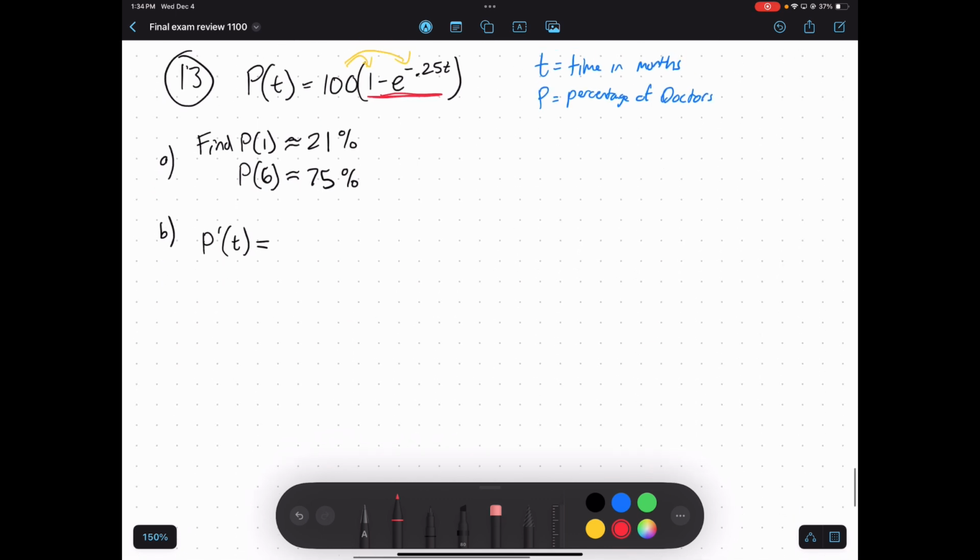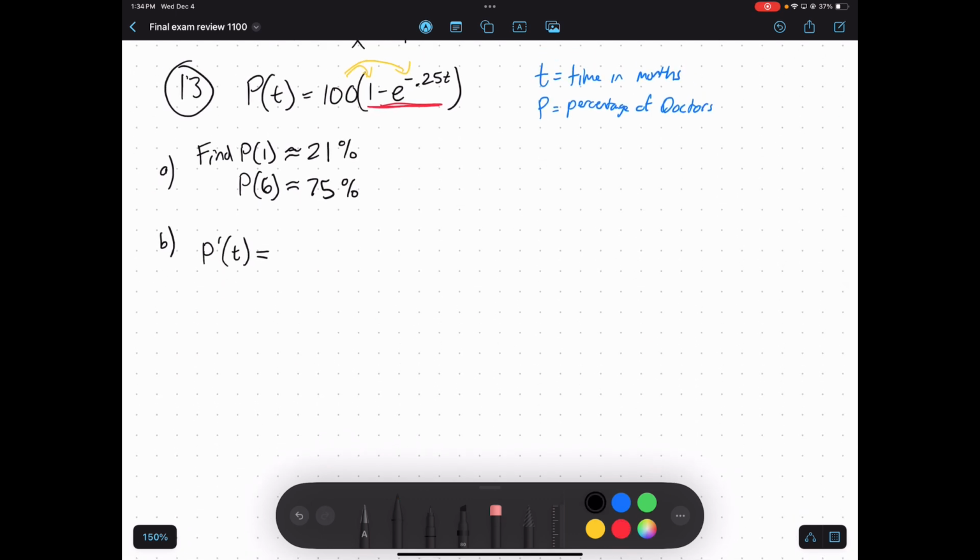So let's take the derivative of that. What's the derivative of 1? 0. Okay, so I get 0 minus, how do I take the derivative of exponential functions? Specifically e functions? 1. No. Natural log is the inverse of an exponential function, but it's not my derivative.